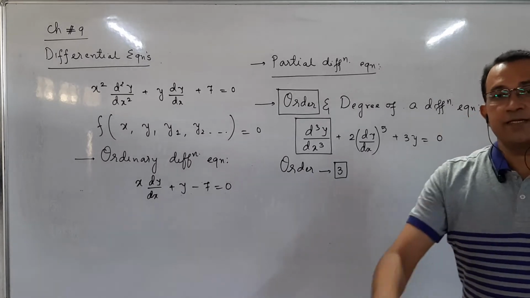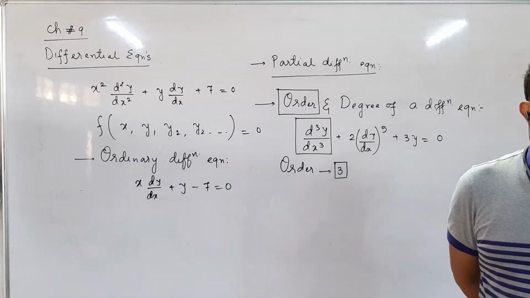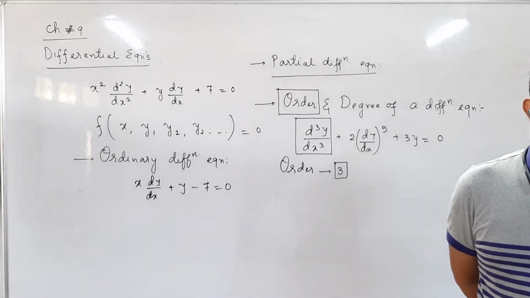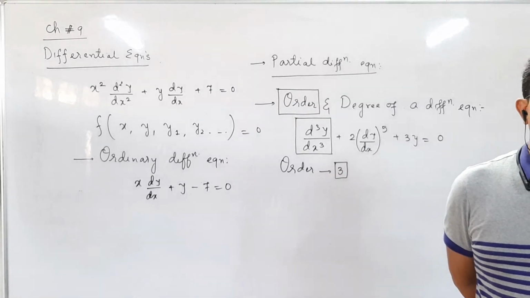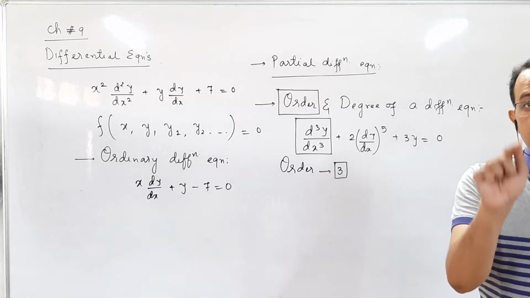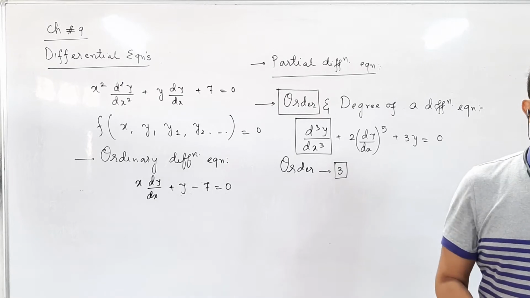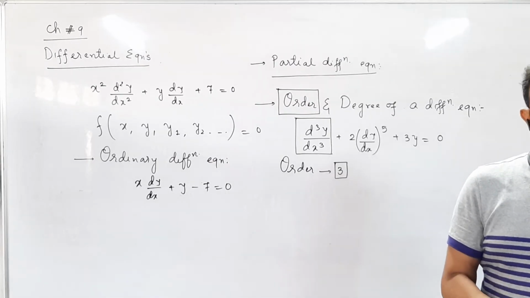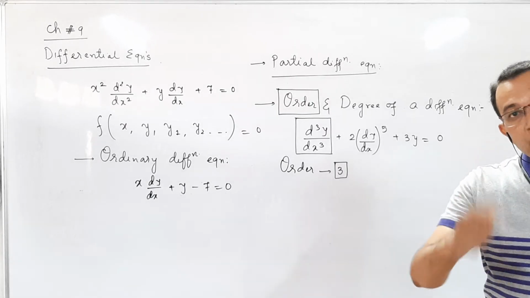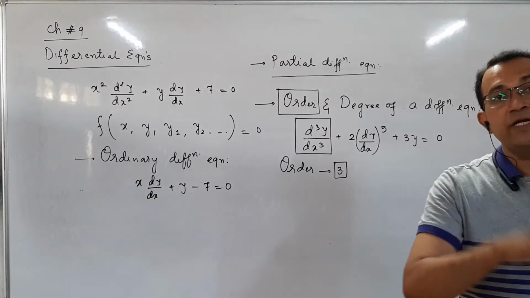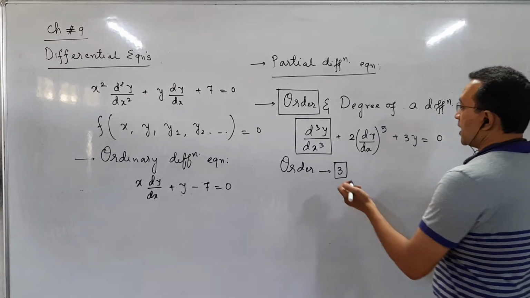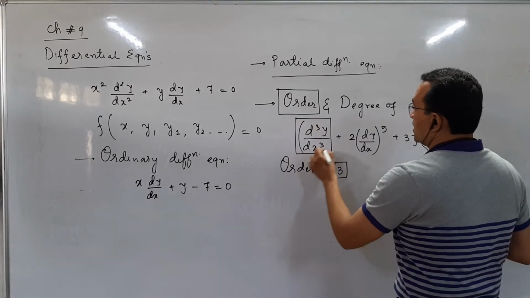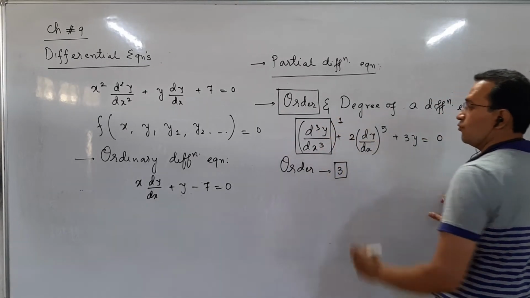After writing a differential equation in a polynomial form, the power of the highest order derivative term. Here the highest order derivative term is the third derivative, and nothing written means its power is 1.